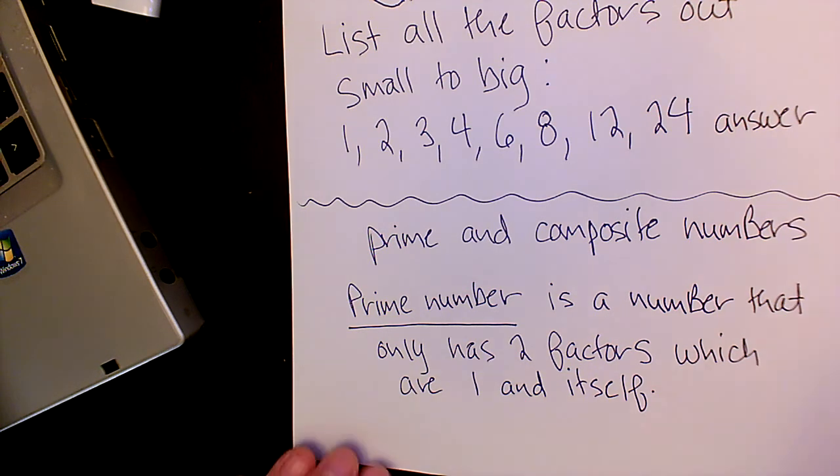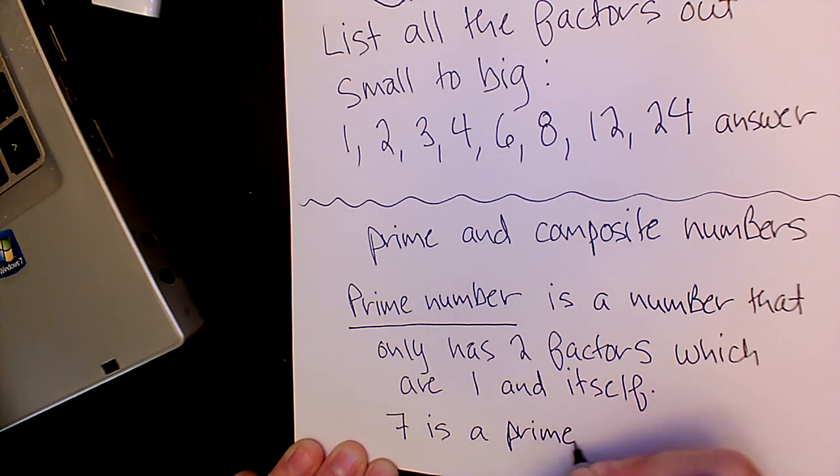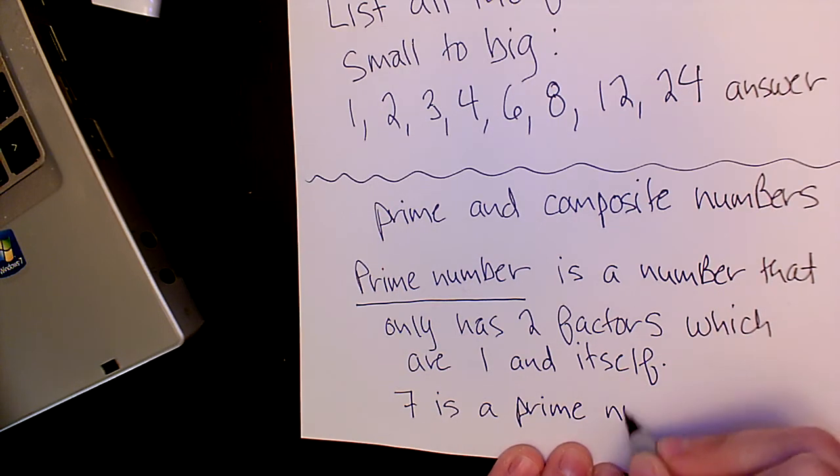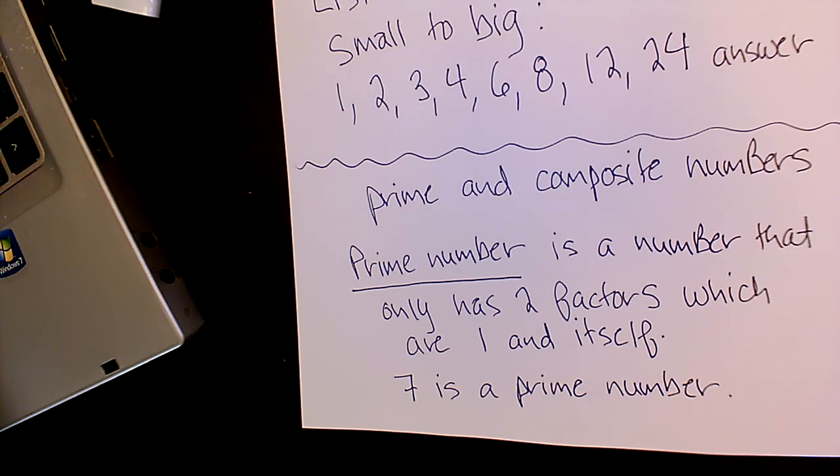So if you take 7, 7 is a prime number. Would you know why? Well, the only two factors that 7 has is 7 and 1. 7 times 1 is 7.